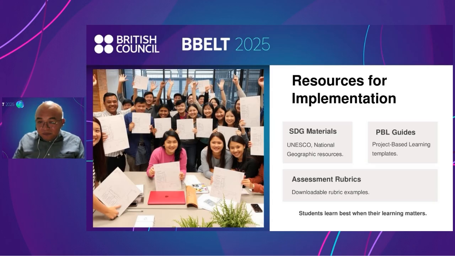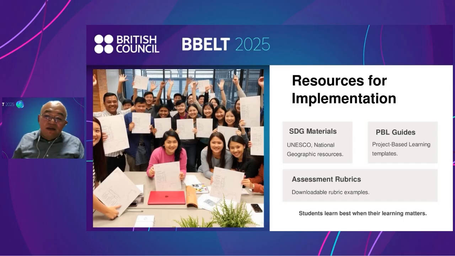At this point, we of course need to have very clear sources for implementation. These sources, of course, can be UNESCO materials, National Geographic resources, the SDGs coming from the United Nations. Nonetheless, PBL guides also play an important role within the activity or the project, because this will help you plan better.